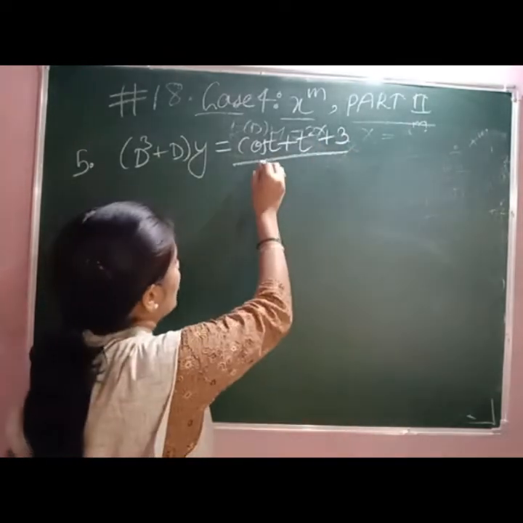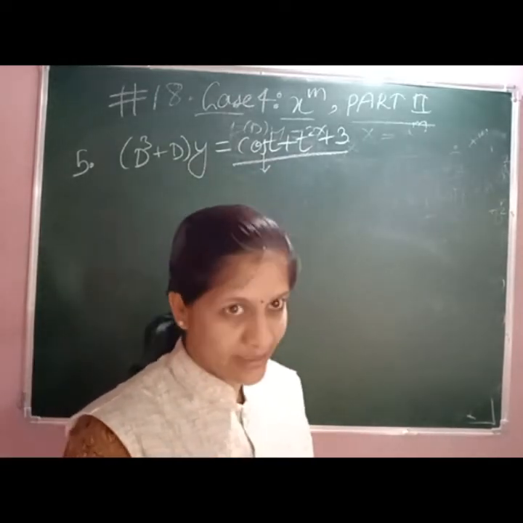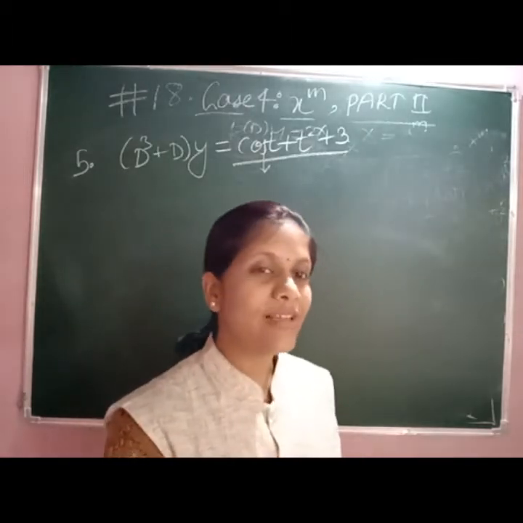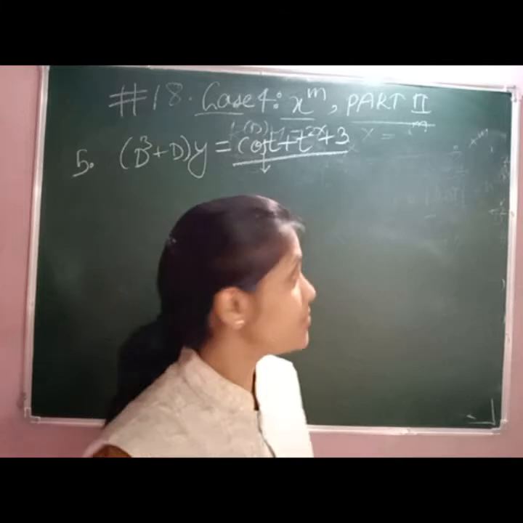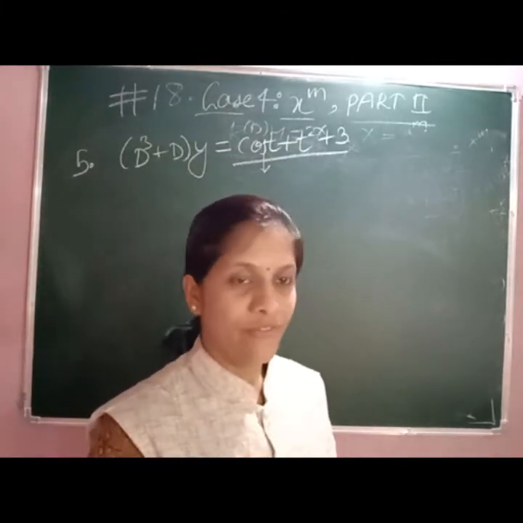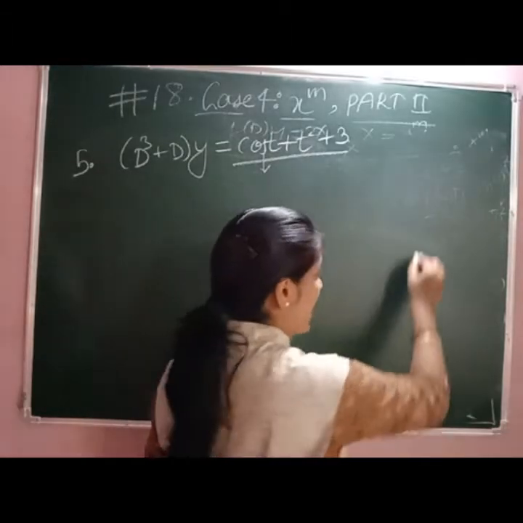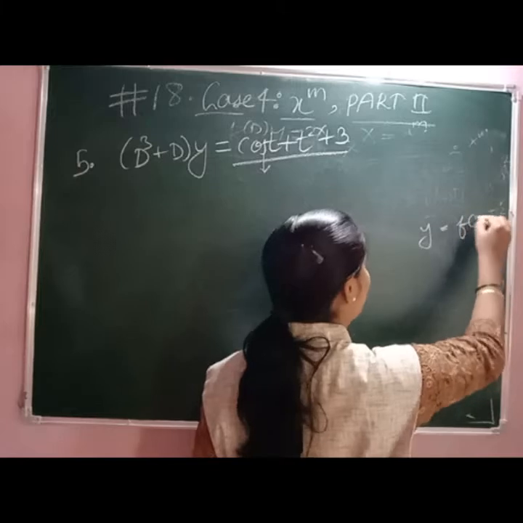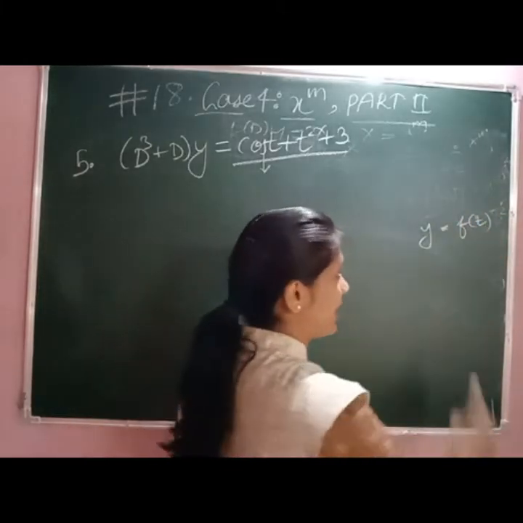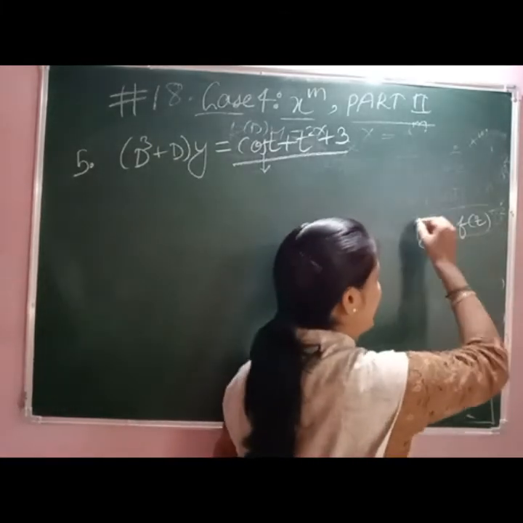First is the cos ax form, the cos t form. Firstly, it is given in the form of t. In earlier problems it used to be given in the form of x. Now it has been given in the form of t, so when we write the solution, we must write it in the form of t itself. Here y is a function of t in the question, so the answer should also be y as a function of t. We should bear this in mind.